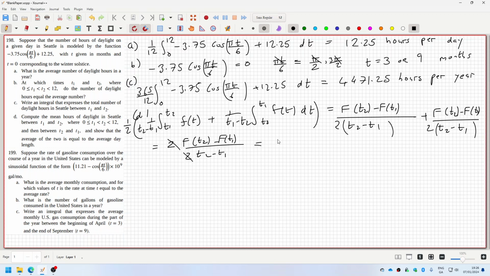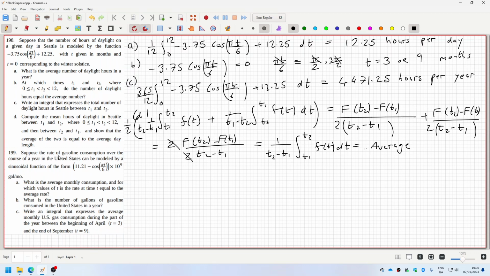So that just becomes 1 over t2 minus t1, integral from t1 to t2 of the function, which is the average. Yeah.